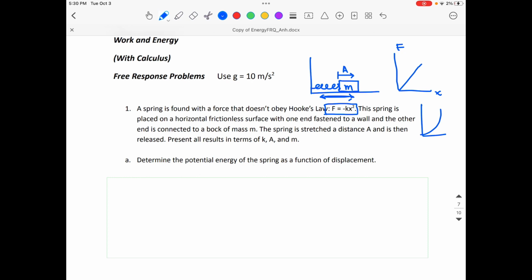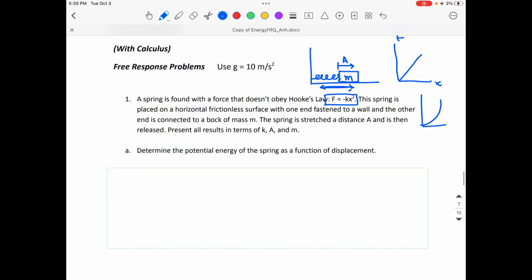So let's start with finding the potential energy. Luckily, we do have an equation with potential energy U and F in it. So that's going to be dU/dx is equal to the opposite of your force.